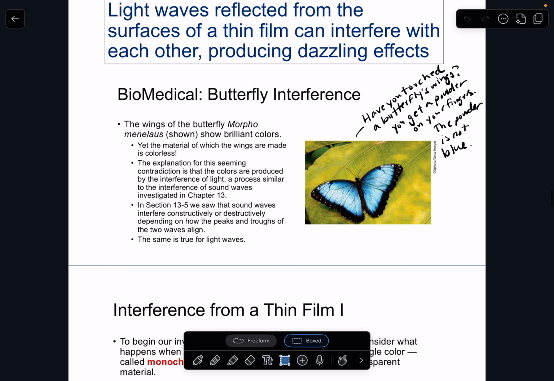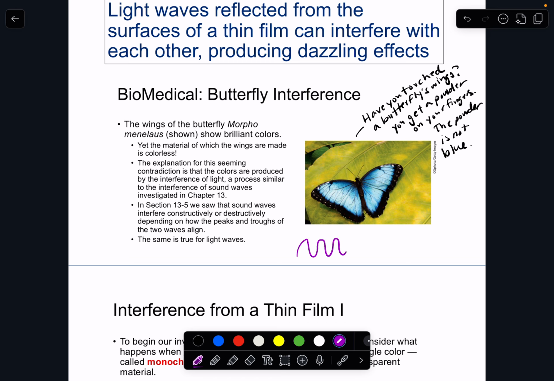You may need to review Chapter 13, Section 5, and that basically was the first time you were introduced to how interference occurs, and that was in the context of sound waves, and the same criteria applies to light waves as well. And that criteria had to do with how the waves added up, right?